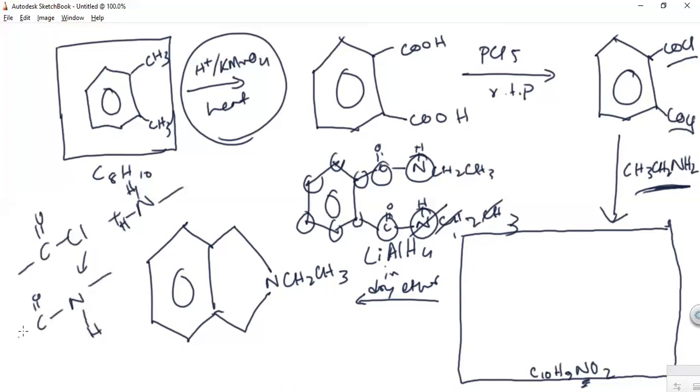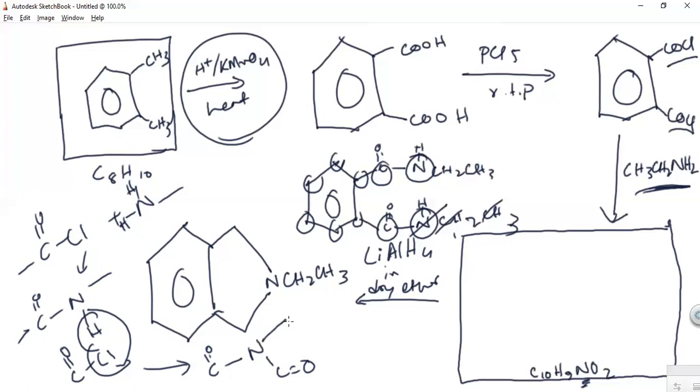After this is formed, if another acyl chloride appears here, this hydrogen and this chlorine can perform the same reaction and form another linkage. This won't be an amide linkage now because nitrogen doesn't have any hydrogen, but this reaction can take place, and the nitrogen will form bonds with these other substituents, but no more hydrogen will be left over. But this can also be formed.